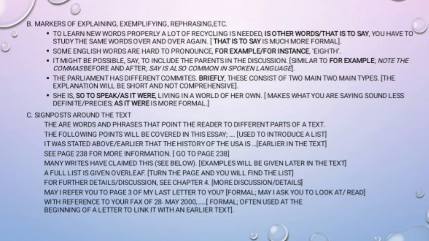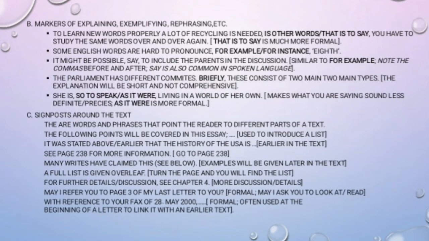It might be possible, say, to include the parent in the discussion. Similar to, for example, note the commas before and after. Say is also common in spoken language. The parliament has different commas. Briefly, this consists of two main tips.